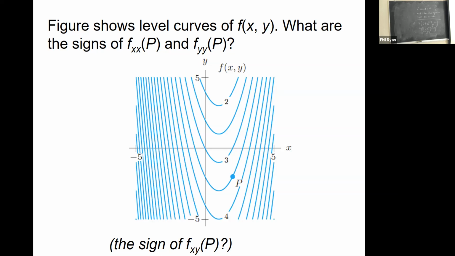What about fy? We're going in this direction. So fy is what, positive or negative? It's negative, right? Because as we go this way, we're going down into the valley. Okay, and what does fyy mean? It's going down. Is it going like this, in which case fyy would be negative, or is it going like this, which means fyy would be positive because it's getting less steep?